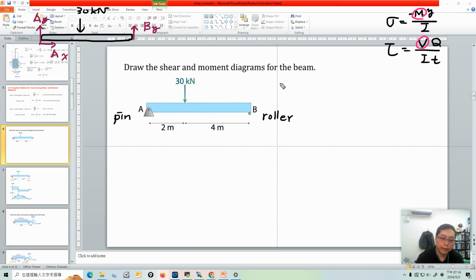Before you draw the shear moment diagram, you need to solve the reaction forces or reaction moments using rigid body equilibrium. Don't forget rigid body equilibrium.